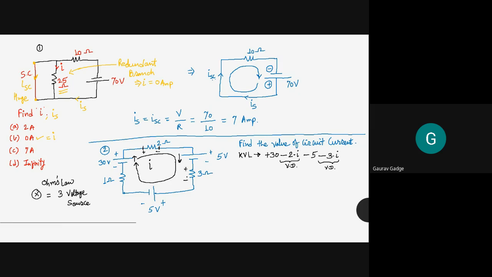Then that current reaches the 5 volt positive, leaves the negative of the 5 volt, right? And its movement is positive to negative, so it is again with the negative sign, and hence it is minus 5. Then the last resistance is 1 ohm; the current enters through the positive sign and leaves through the negative sign.